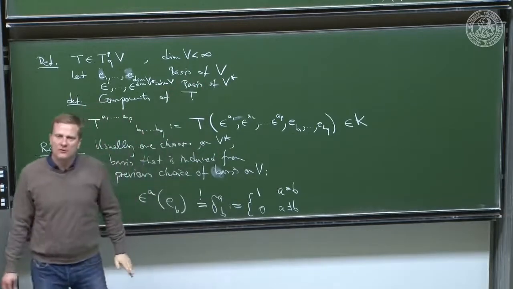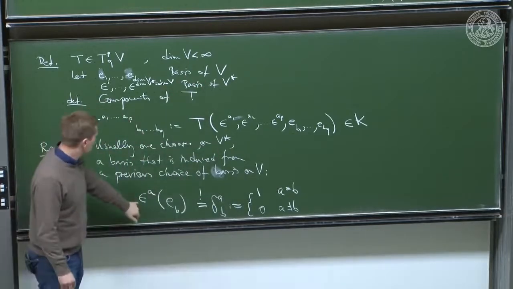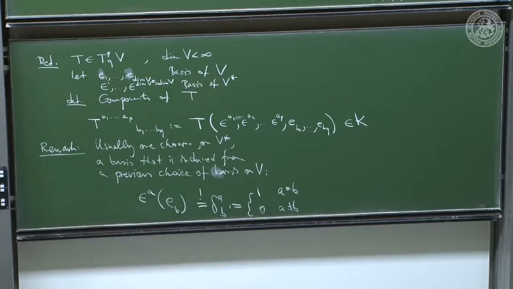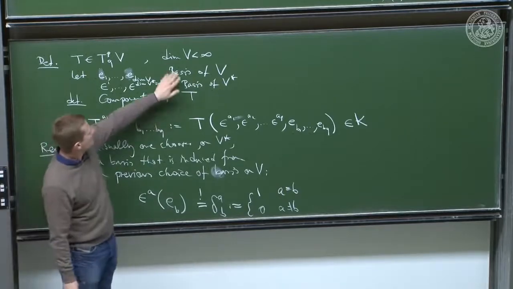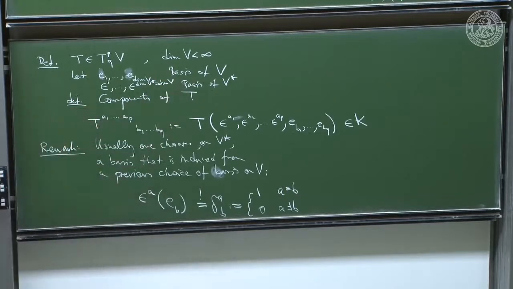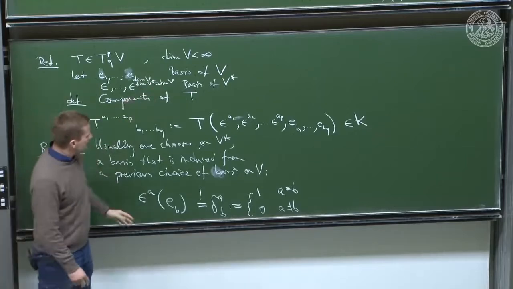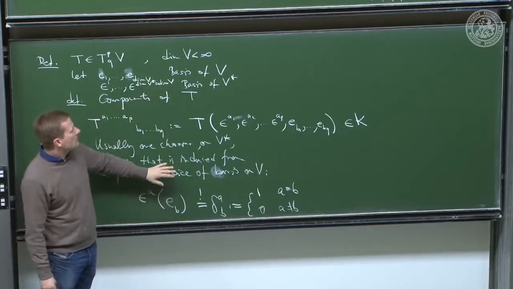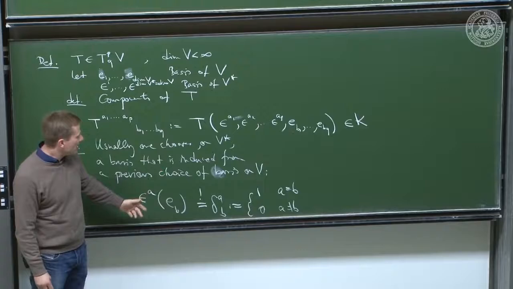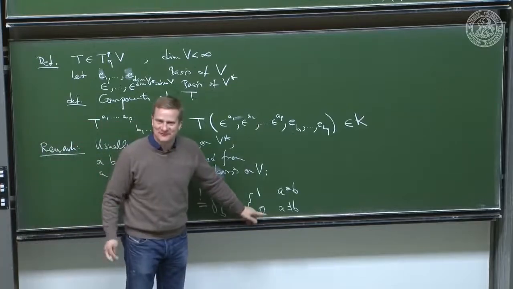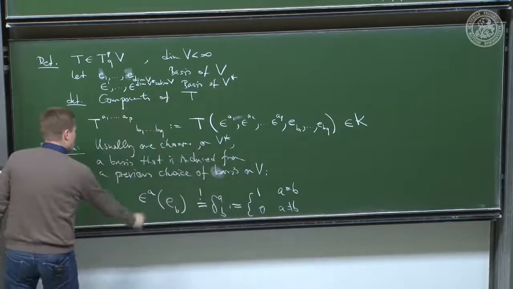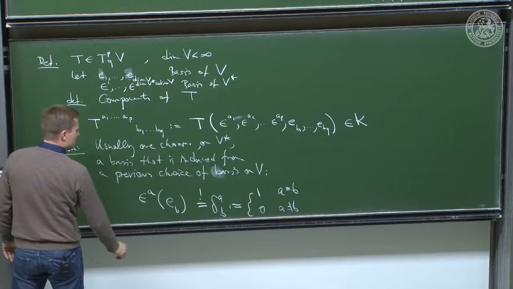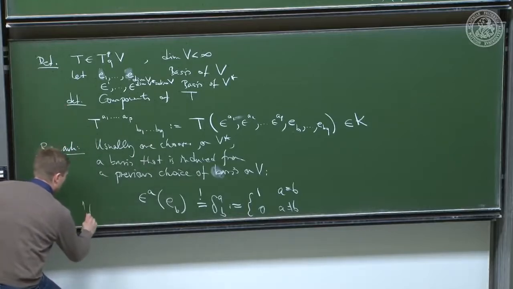Anyway, it's a very convenient induction principle for a basis on V star from a basis on V, because many calculations actually simplify because there are so many zeros around. That's the basic idea. And such an induced basis is called the dual basis.